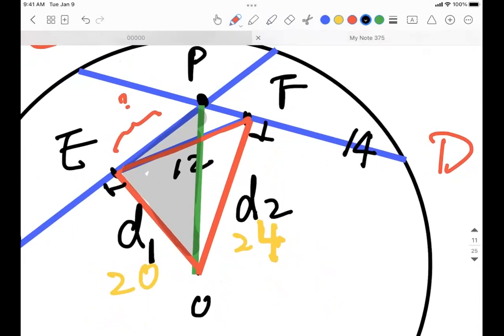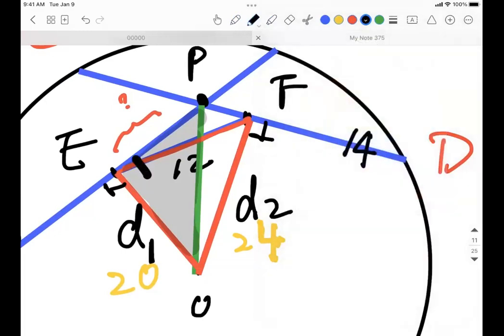What's the relationship between my red triangle and this OP?